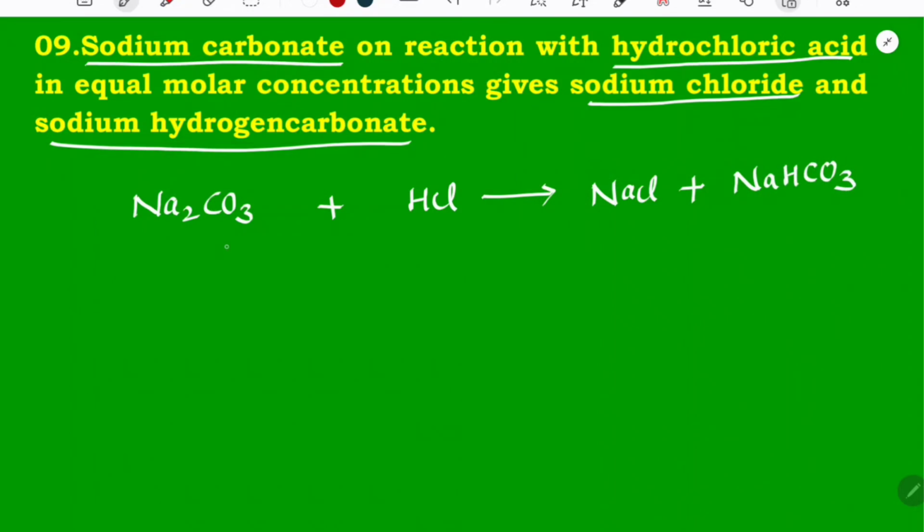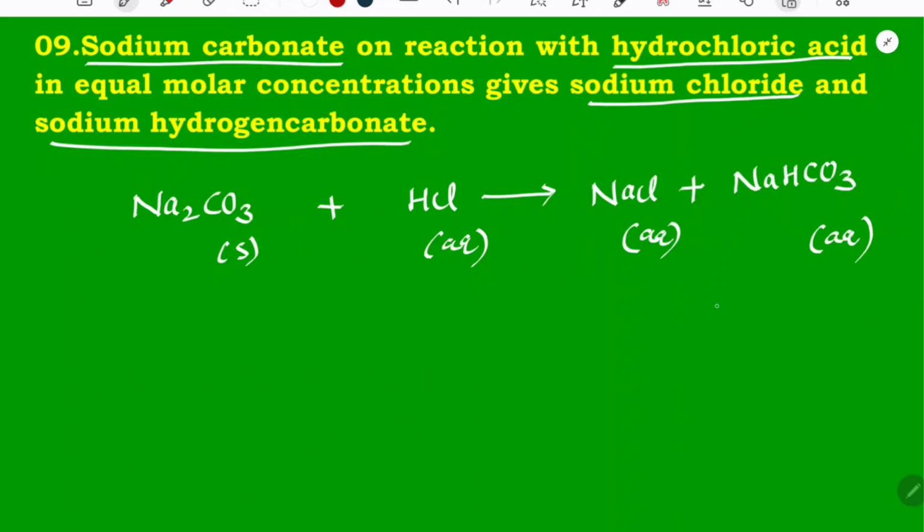Okay. So this sodium carbonate is solid. This is aqueous. This is also aqueous. Sodium chloride is aqueous. Then it will be aqueous. Now first of all, we can check whether the equation is balanced or not.